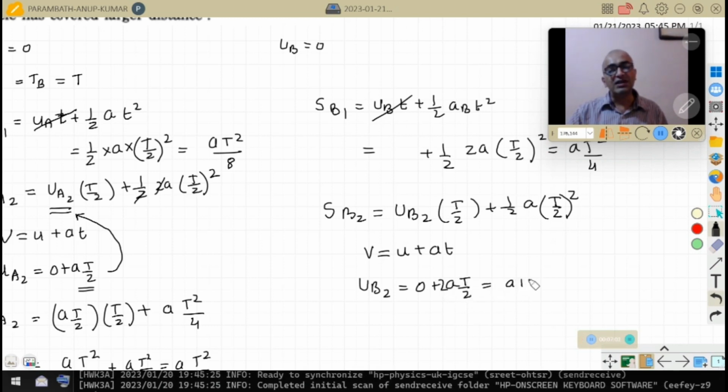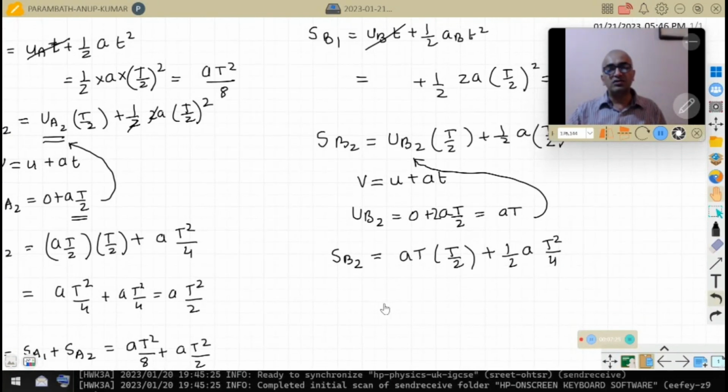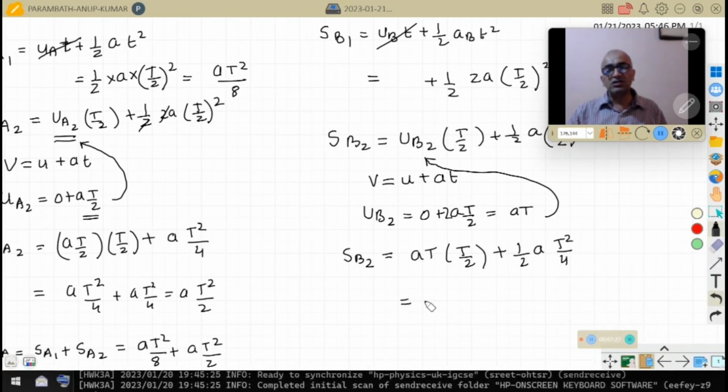Therefore it becomes at. Now for SB2, I'll put this here and I will get at into t by 2 plus half a into t squared by 4. So this is equal to at squared by 2 plus at squared by 8, which becomes equal to 5at squared by 8.